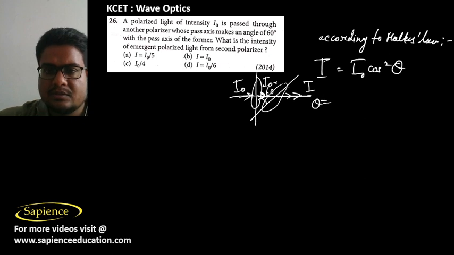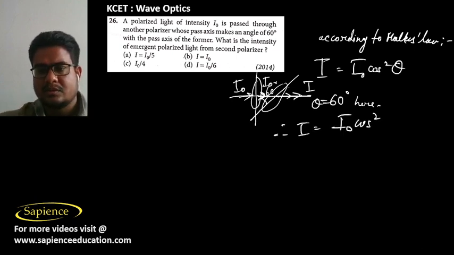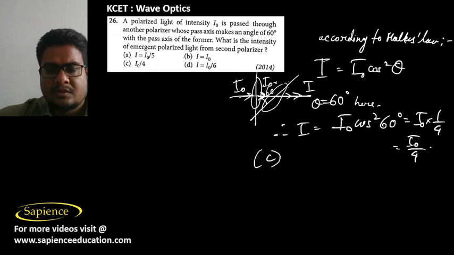Here theta is equal to 60 degree. Therefore the intensity is I0 cos square 60 degree, which is I0 into 1 by 4, that is I0 by 4. So option C is the correct answer.